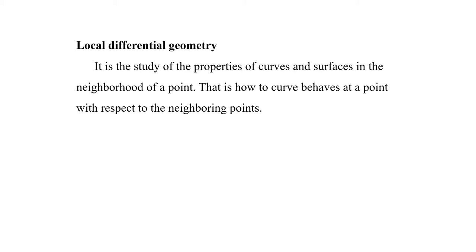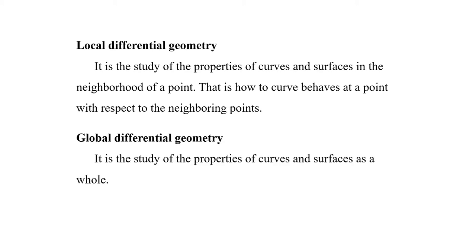That is, how a curve behaves at a point with respect to the neighboring points. Global differential geometry is the study of properties of curves and surfaces as a whole.